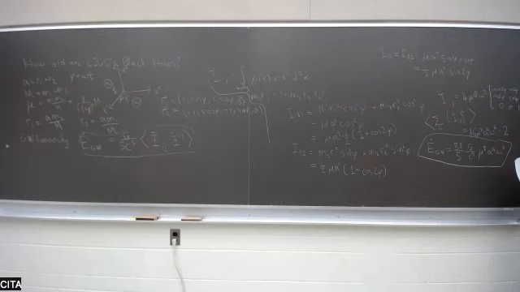So in this limit, we're assuming that omega is not changing much with time over that single orbit that we're looking at.